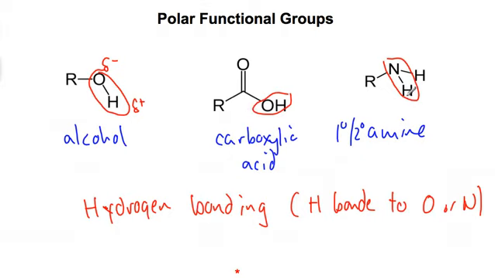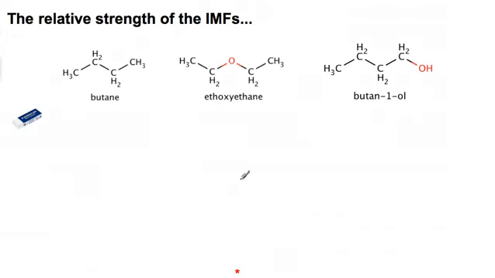And so in a primary or secondary amine, because there's hydrogen bonded to the nitrogen, we're going to have polarity around that bond, and that intermolecular force would be hydrogen bonding. So that's going to be a stronger intermolecular force. So we would predict boiling point is going to change based on the fact that it's hydrogen bonding.